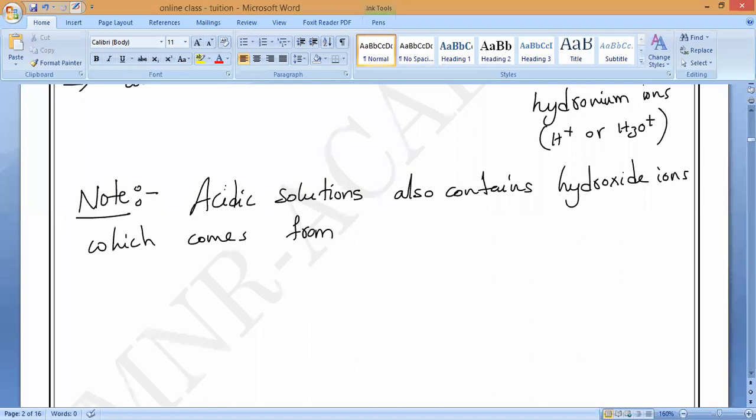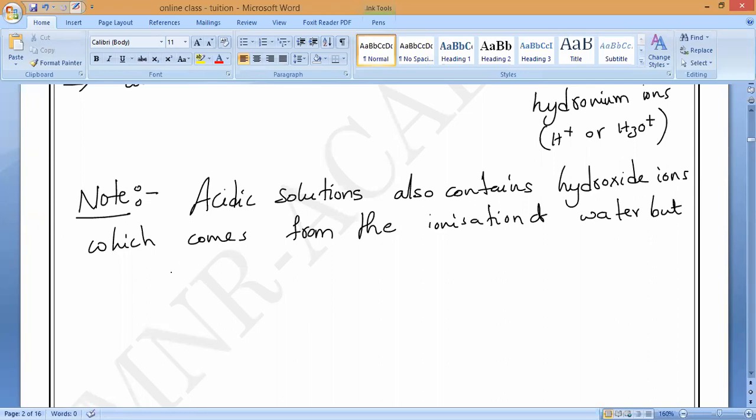Ionization or dissociation, you can call it anything, which comes from the ionization of water.